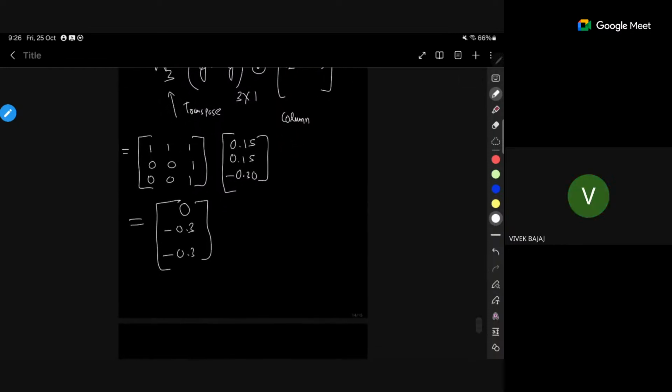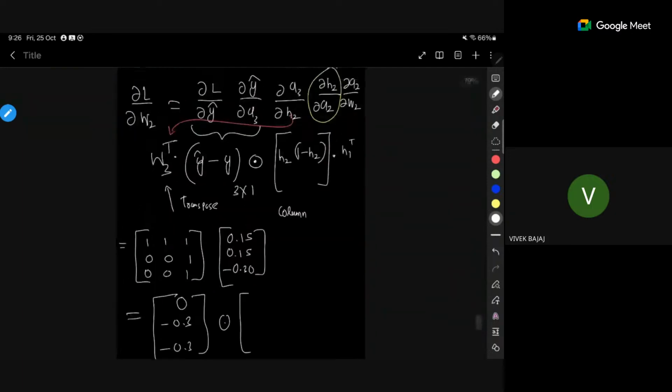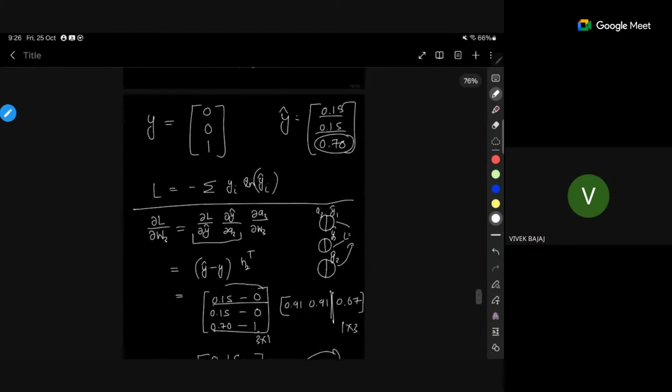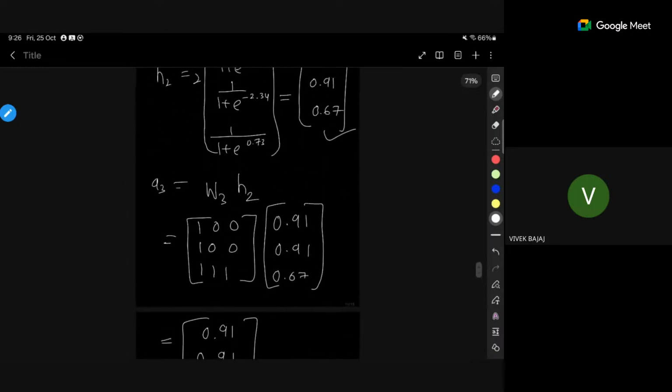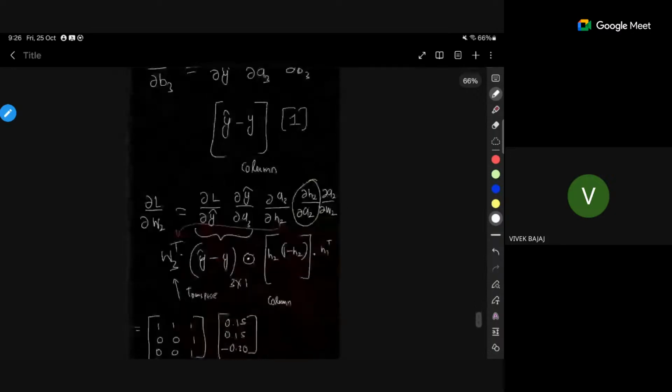H2 we've already done, so I don't need to compute it again. That is the good part of backpropagation, that I'll just go back. Where was my H2? Here: 0.91, 0.91, 0.67. That's what I'll write.